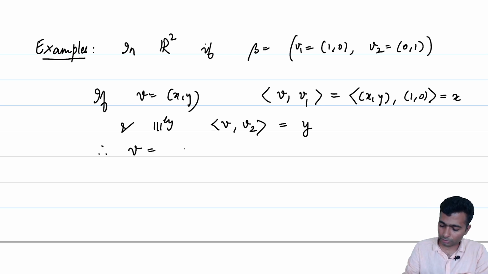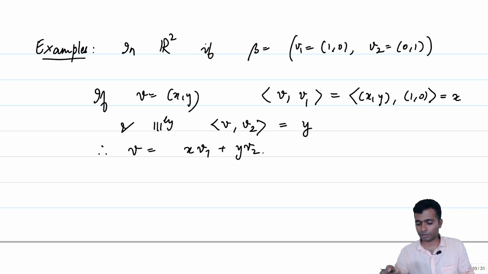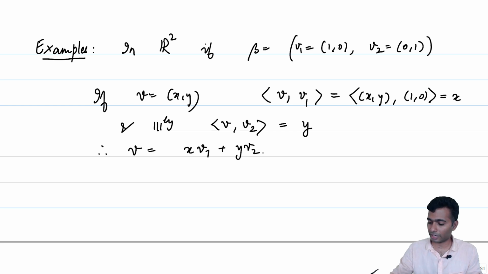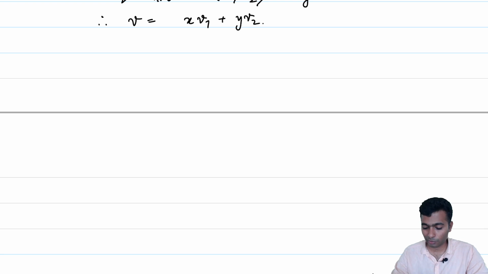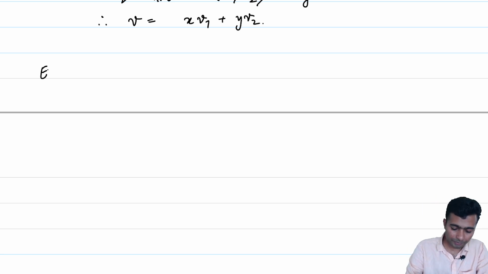Therefore v is equal to x times v1 plus y times v2, which we knew. So maybe I shouldn't have written v1, v2, it's the standard basis, and I think we had given e1, e2 as the notation for it, but that's okay.